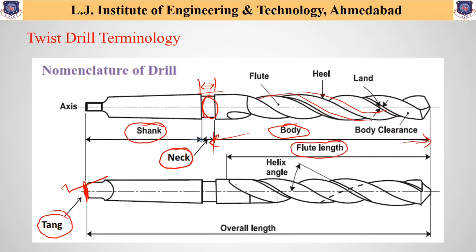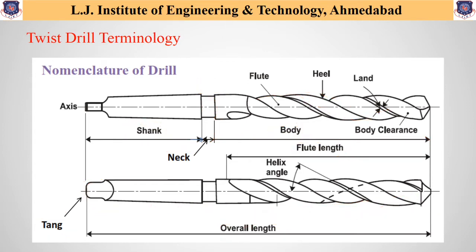On the main part of the drill, the length up to which the flutes are available is the flute length. The overall length consists of the tang, shank, neck and the entire body. These all parts have certain lengths, and this combination of lengths is the overall length.